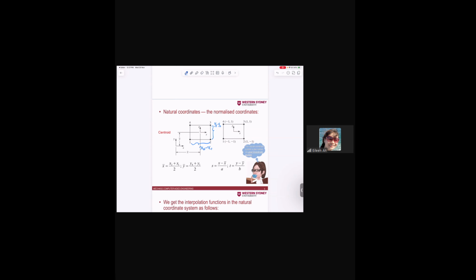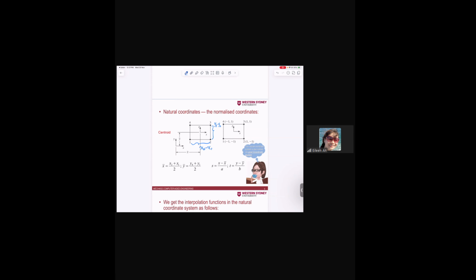And the length and the height of this square will be 2. In that case, we can confirm that in its local coordinate system, the first node always has the coordinates of -1, -1.